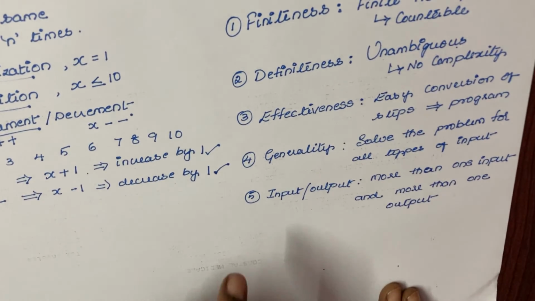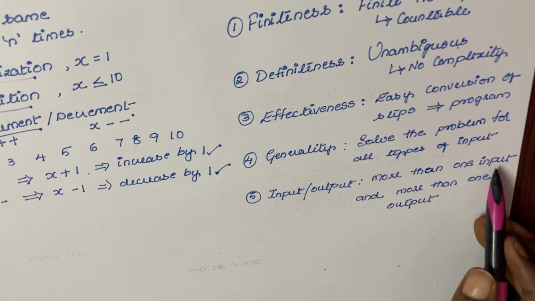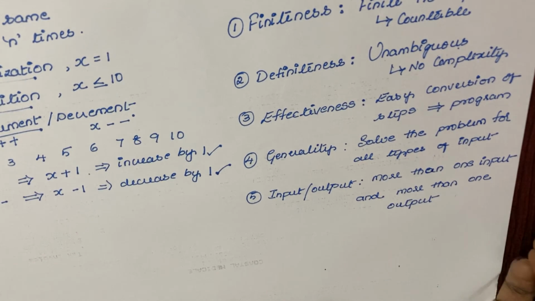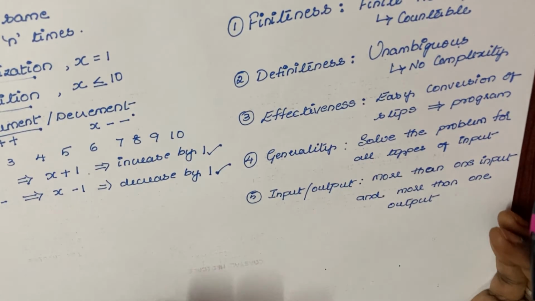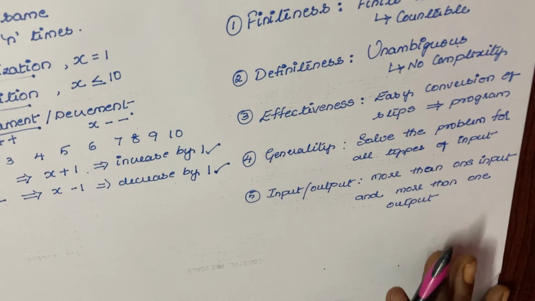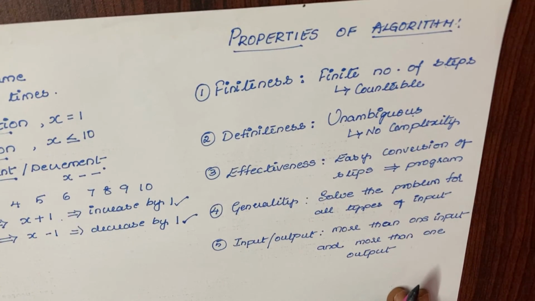The input and output property is that a user can give more than one input for the same problem and may get more than one output for the same problem. All these come under the properties of the algorithm.